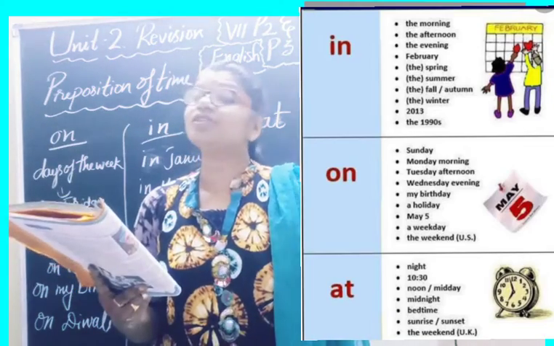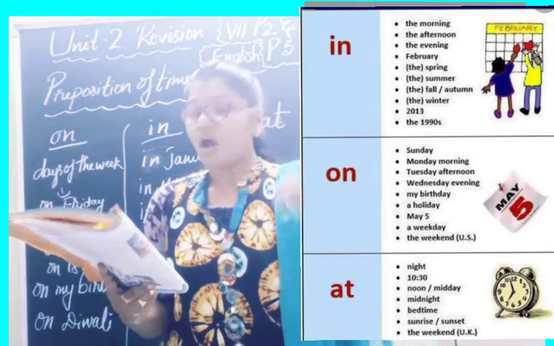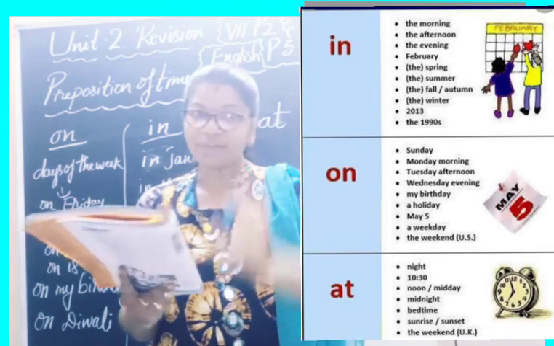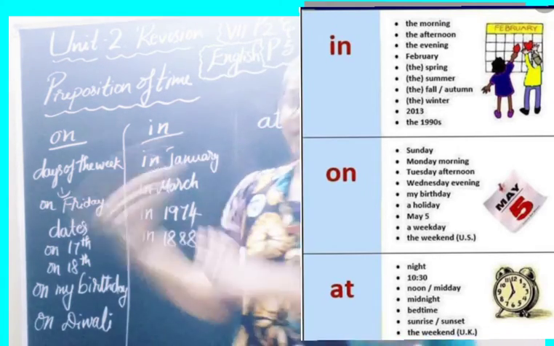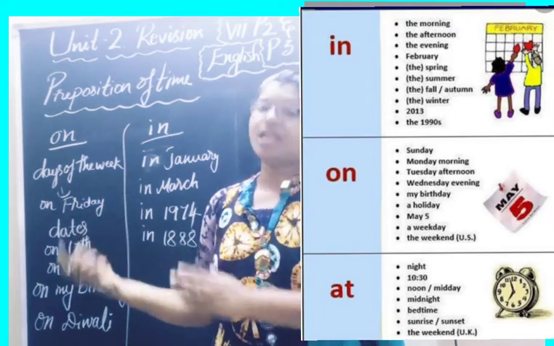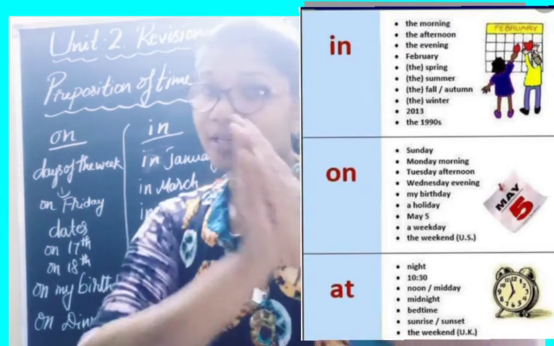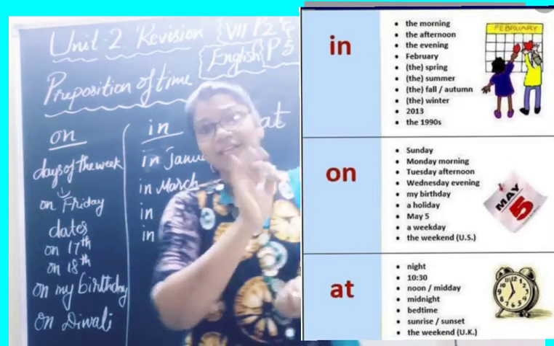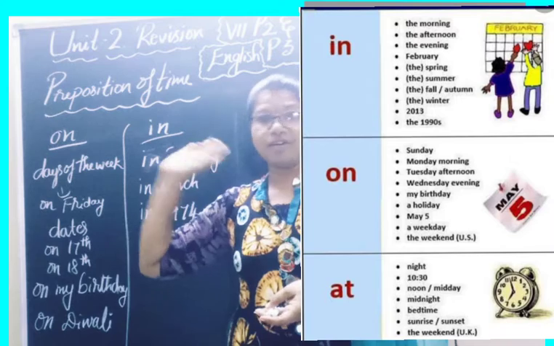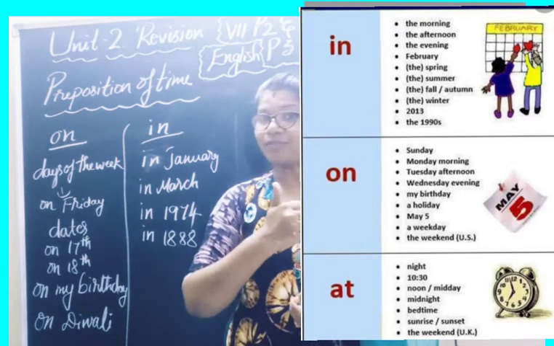If you mention first the month, on November 21st. Are you following me? If you are mentioning the year later and the month first, on November 21st, 1970. If you are mentioning the year first, then you write in 1970 on December 21st. Are you following me now?